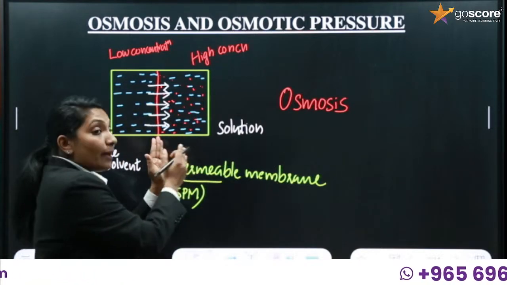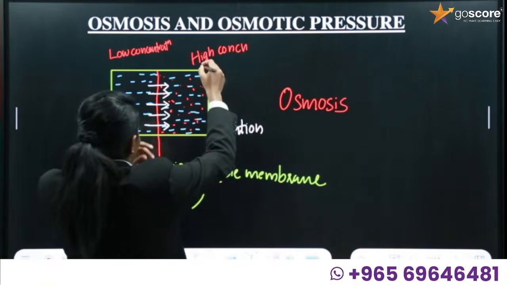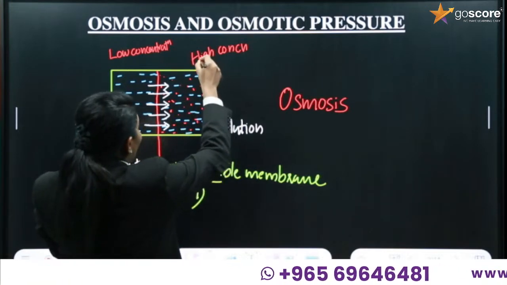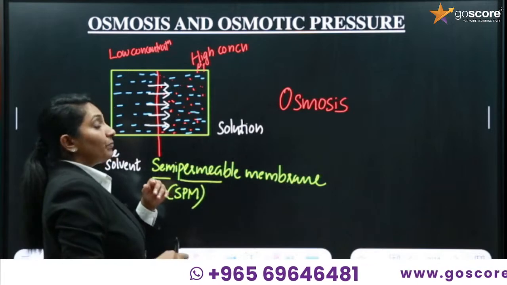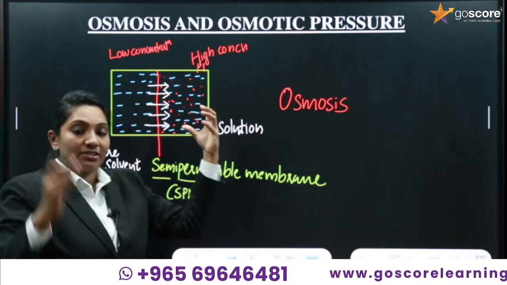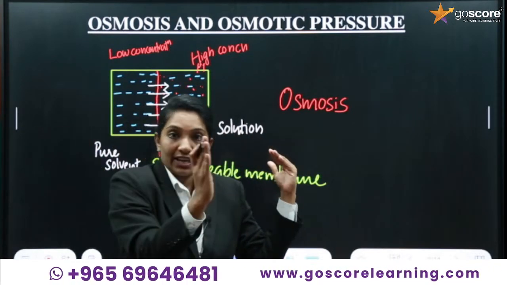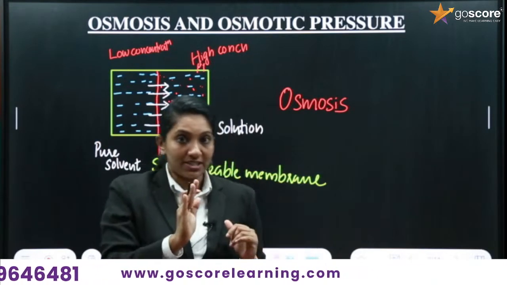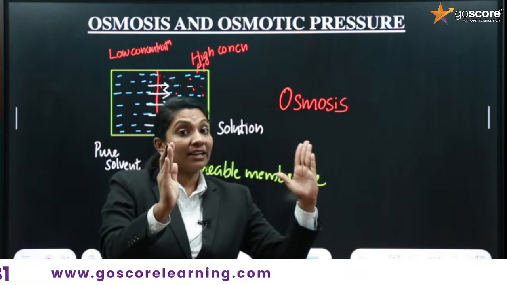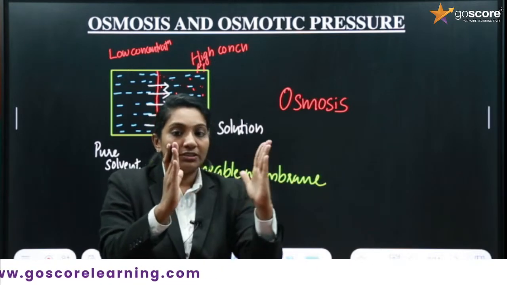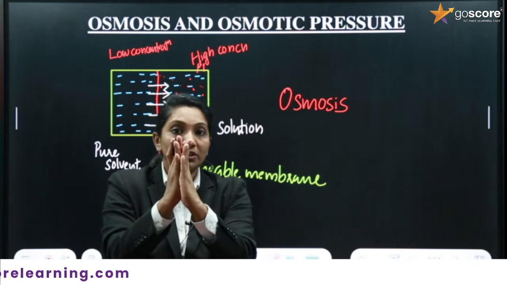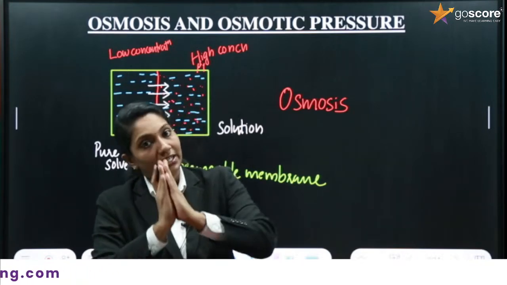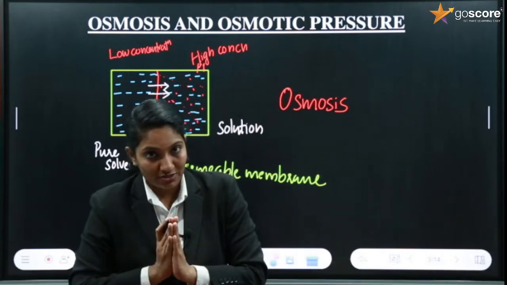And if you are applying an external pressure from this side, the flow of solvent is like this, it is exerting a hydrostatic pressure on the solution side, and you are applying an external pressure. When that external pressure is equal to this force, what will happen? It will stop the osmosis, right?